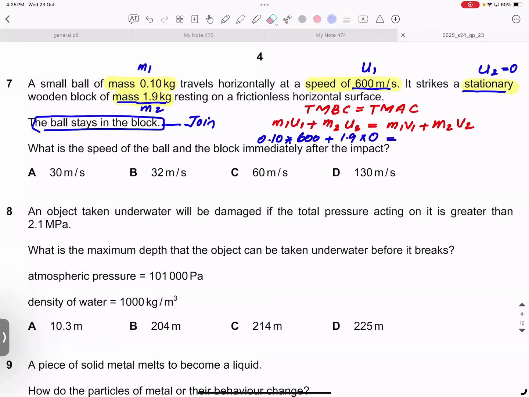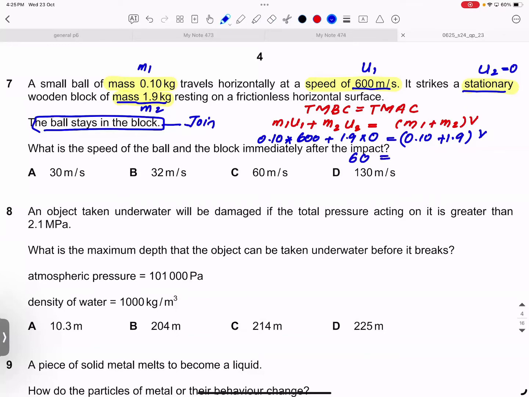Since they move together, after collision it will be M1 plus M2 into V, so 0.1 plus 1.9 into V. The left-hand side is 60 plus 0, 60.